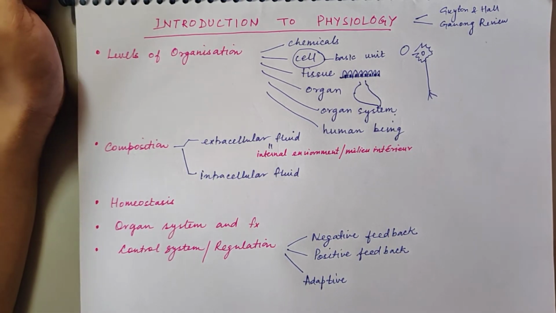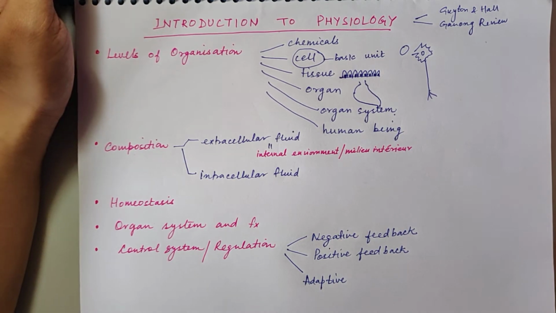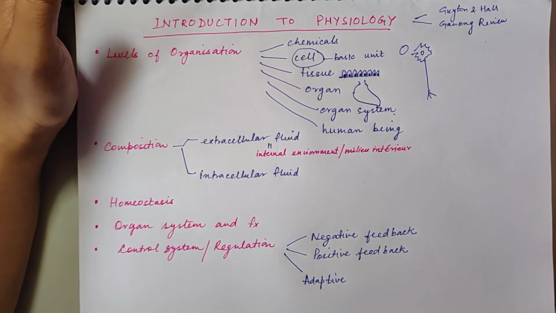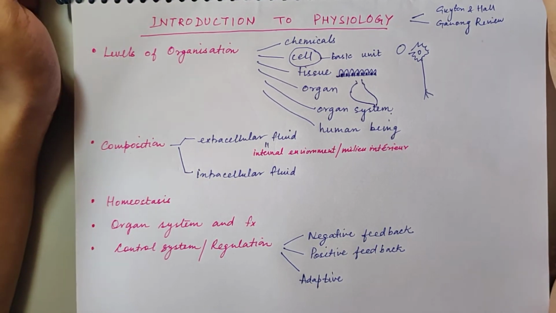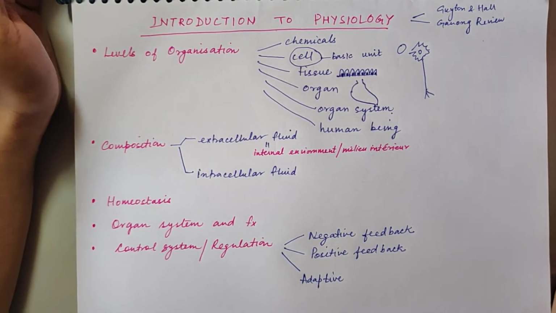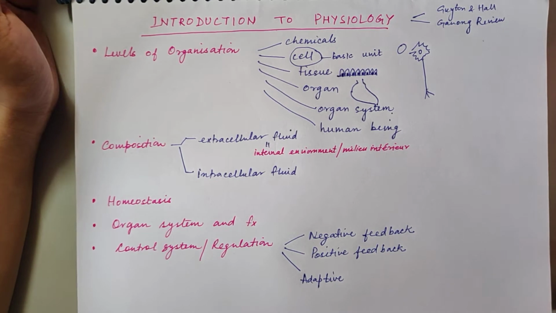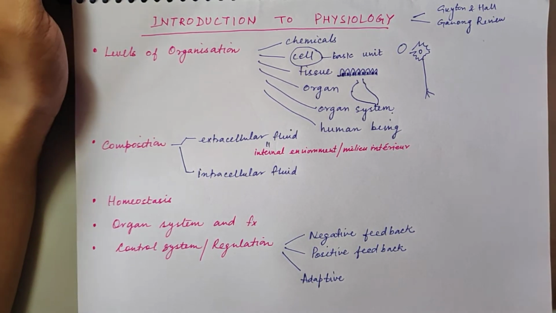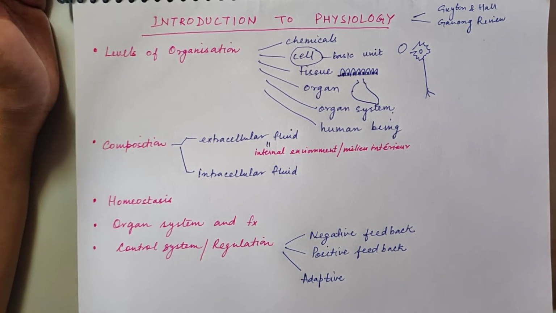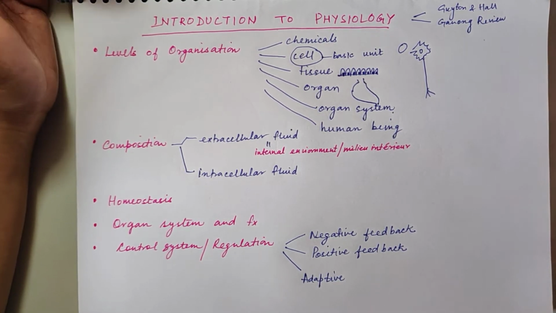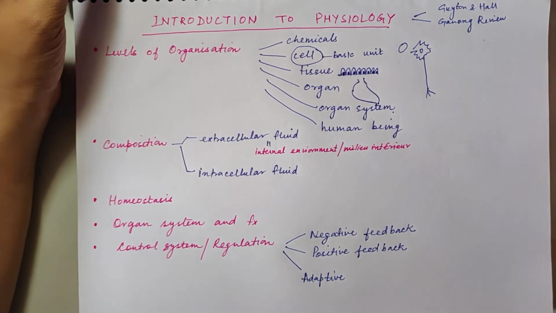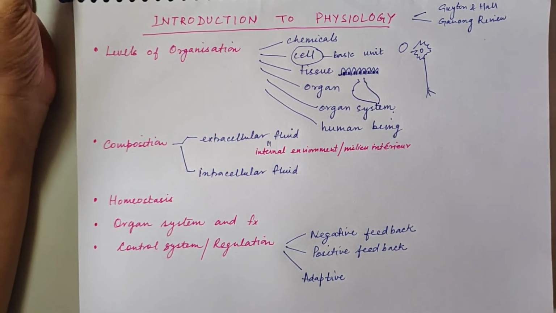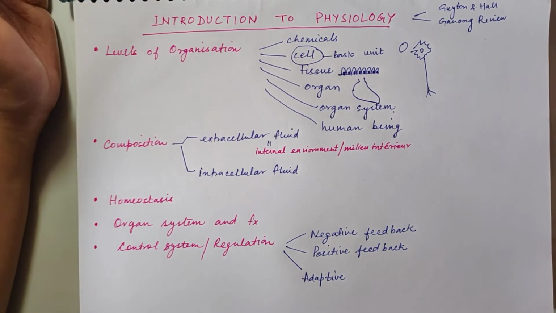When you learn physiology, you'll be trying to understand how the different organ systems are functioning and how they are working in coordination with each other to make the very complex functions of your body seem very easy. You eat and you don't take everything separately, that carb, protein, everything separately.